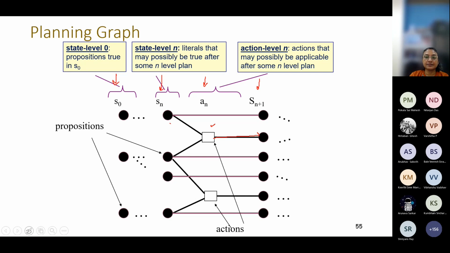Equal. I mean, it's not exactly equal. It may be equal. Can it be more? Can it be less? Can the size of Sn plus 1, the number of propositions in Sn plus 1, be smaller than Sn?